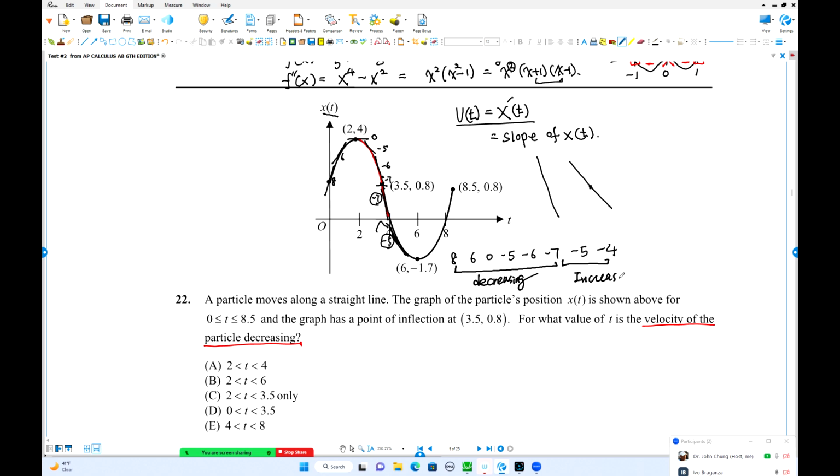Because we know that this is less than, but this is greater, right? So from here to that is greater. So negative 3, 0, positive 1, positive 2, positive 3. From here to here, all the velocity is increasing, right?